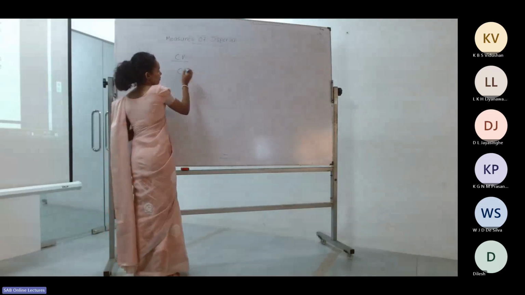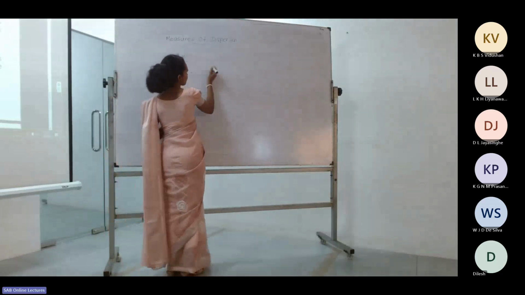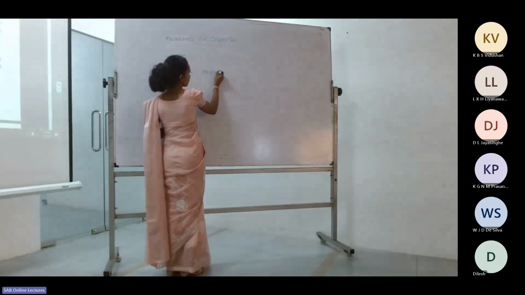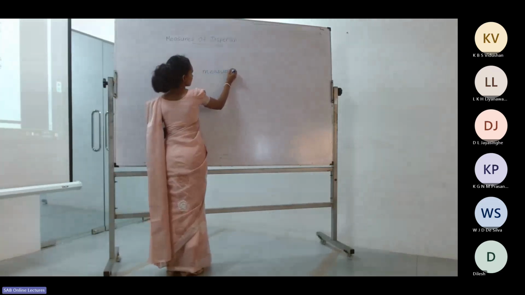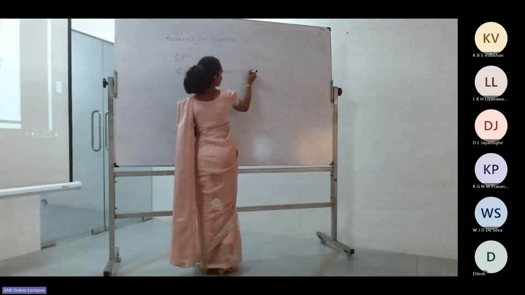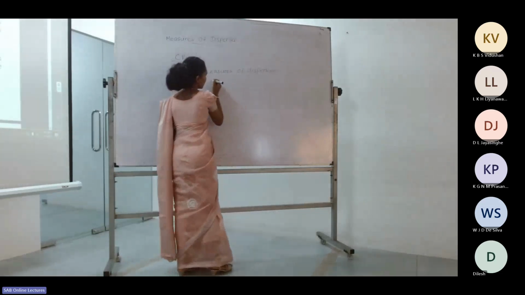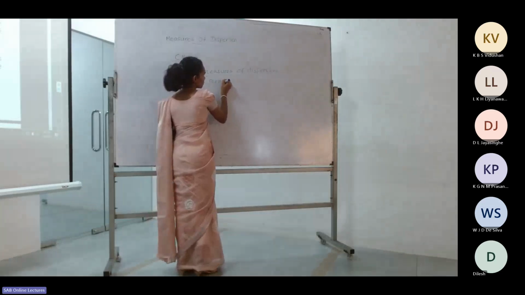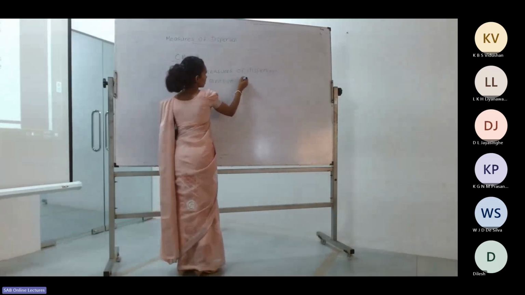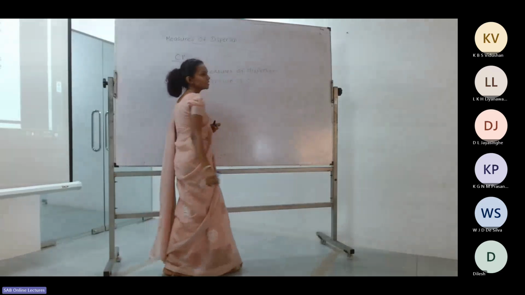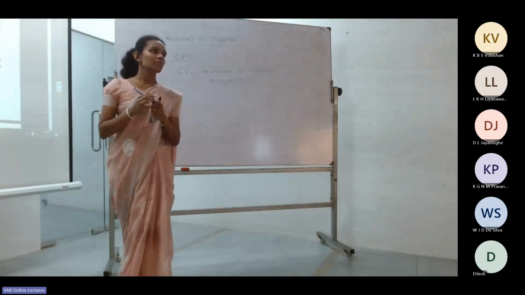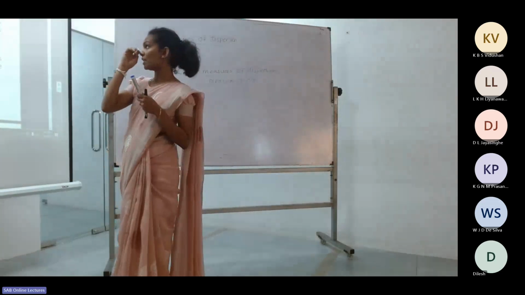For the CV value we use measures of dispersion divided by measures of central tendency.